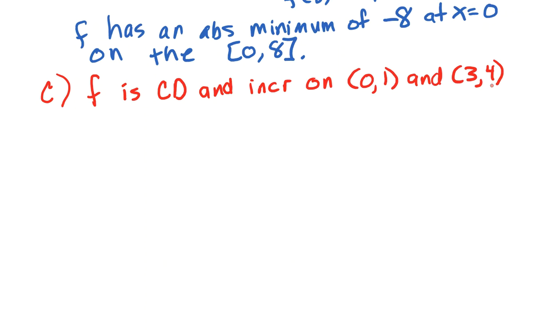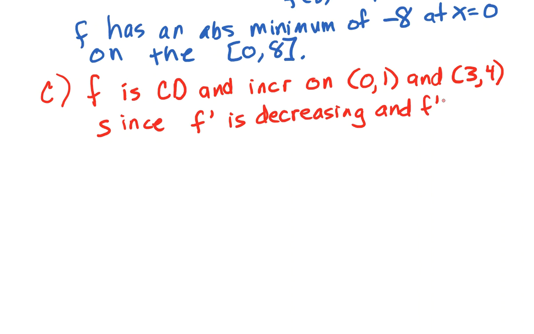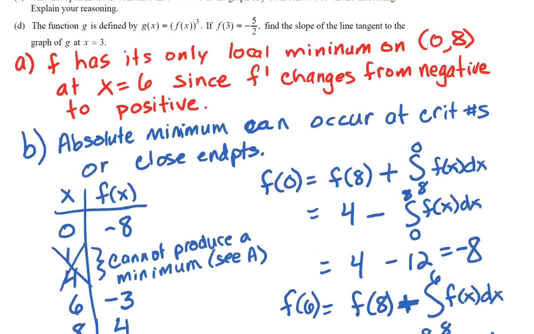And the interval from 3 to 4, since f prime is decreasing and positive. You could say and f prime of x greater than 0 if you wish. All right. And then letter D.